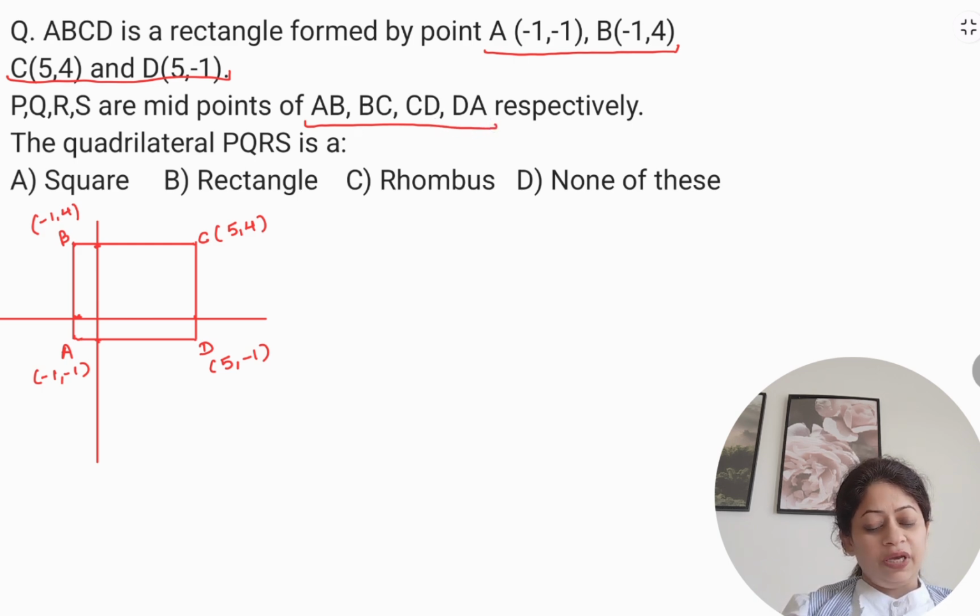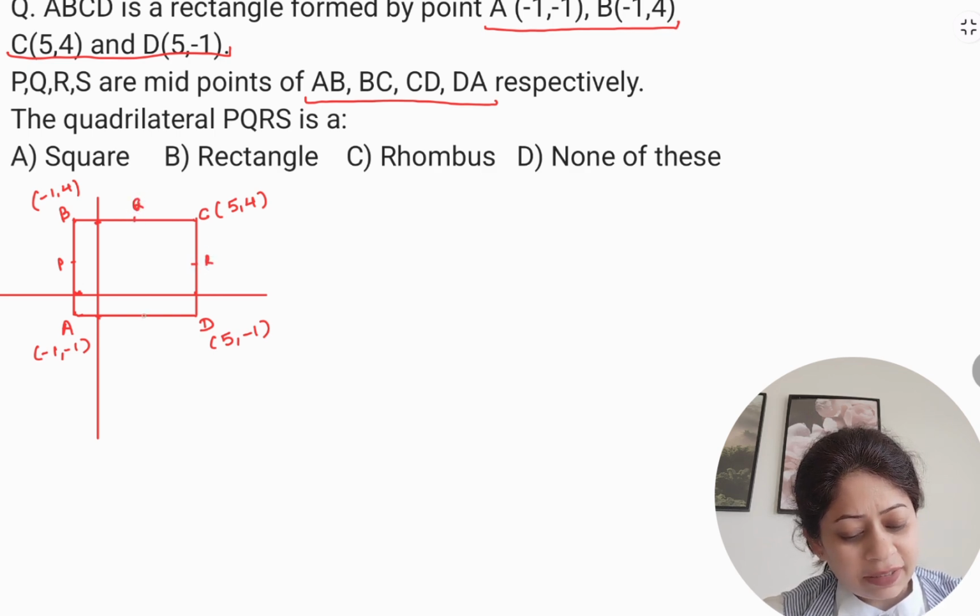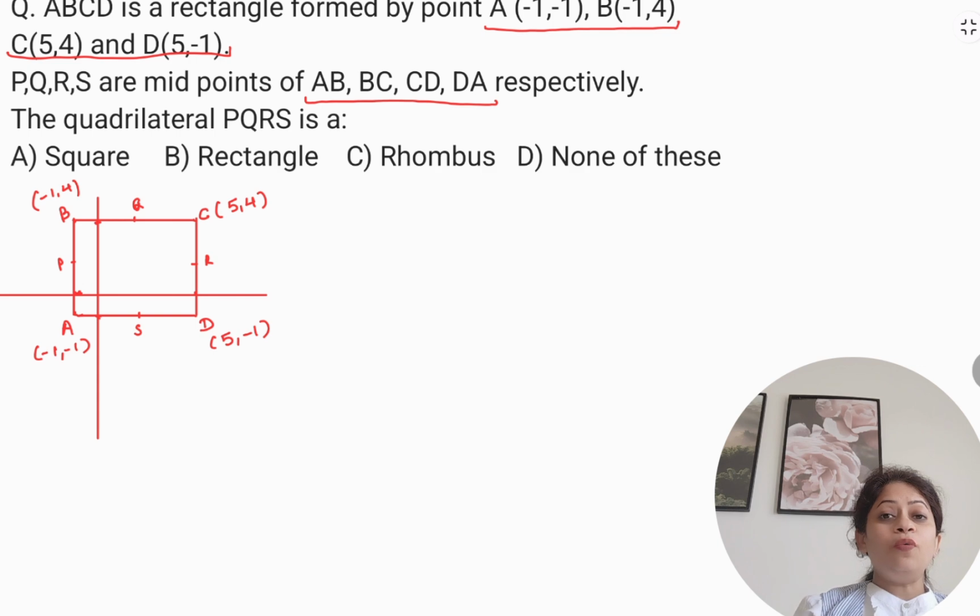If P is the midpoint of AB, this is P, this is Q, this is R and this is S. Now we will have to figure out what the points P, Q, R, S are.